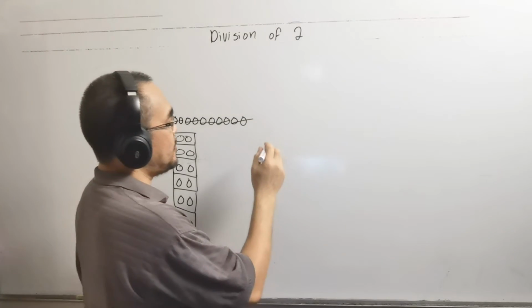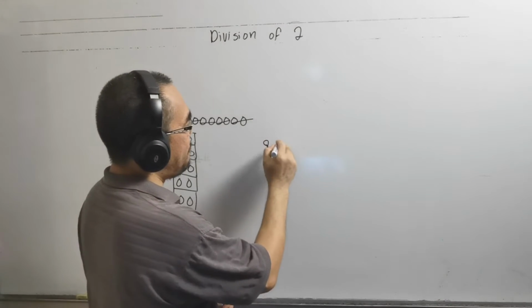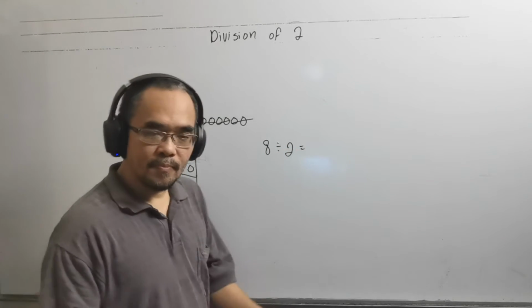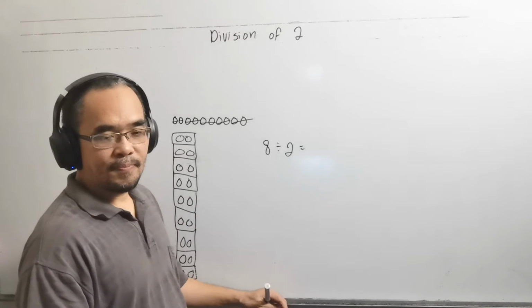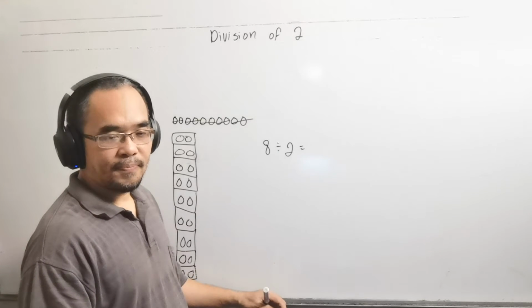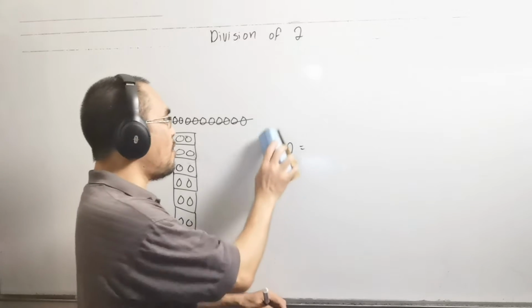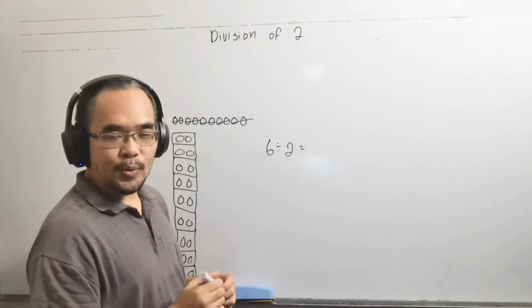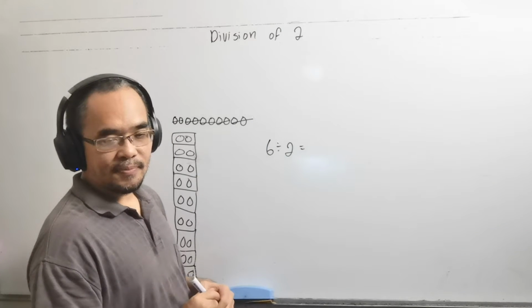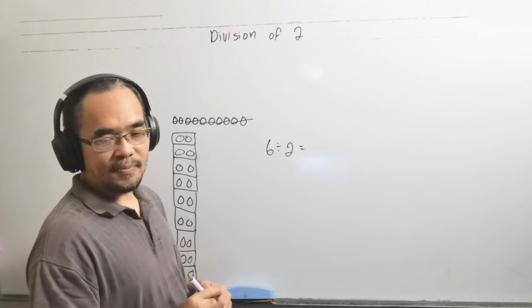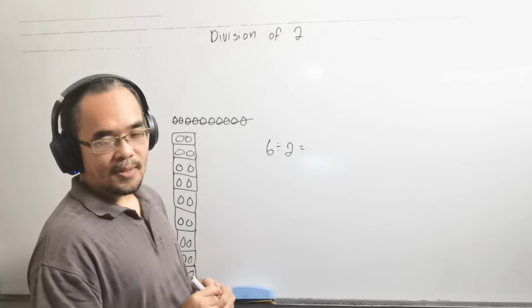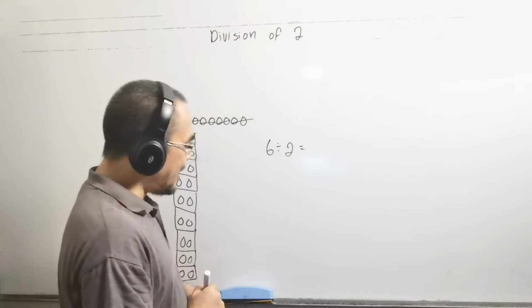Okay. Alright. So 8 divided by 2 is what? Four. How about 6 divided by 2? Three.